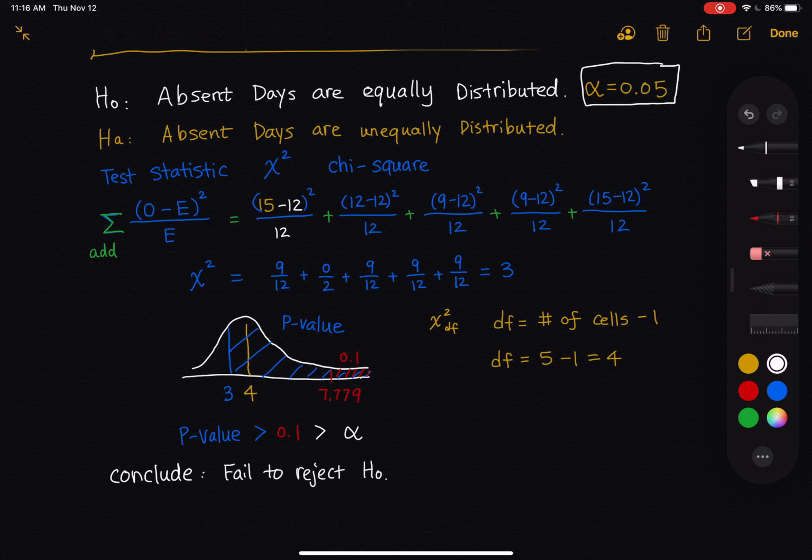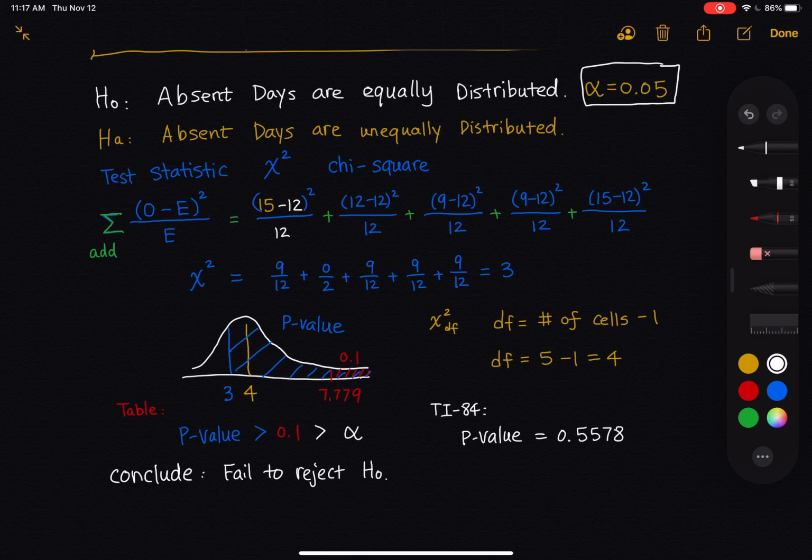So what if you want to be more precise with the p-value? Instead of using the table, if you use a calculator, TI-83/84, we get the precise value for the p-value. For a chi-square statistic of 3 and degree of freedom 4, the p-value you can get is 0.5578.